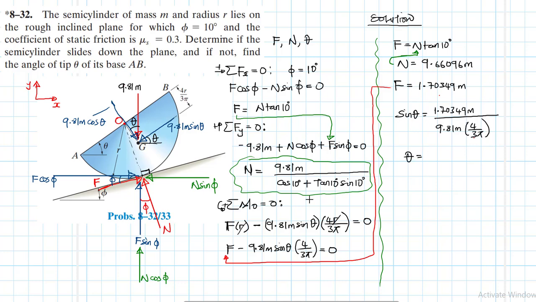Therefore, what is our theta equal to? Let's see. Of course, the m, the mass, cancels out. So 9.81 times 4 divided by 3 pi, then we have 1.70349 divided by answer.